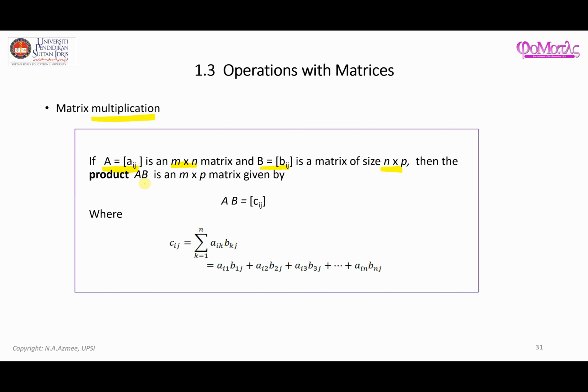Therefore, the product of A and B is a matrix of size m times p, given by this mathematical expression. The element Cij is in the new matrix on the right-hand side of the equation, and the process to get all the elements in matrix C is given by this expression. I'm going to explain what it is all about.